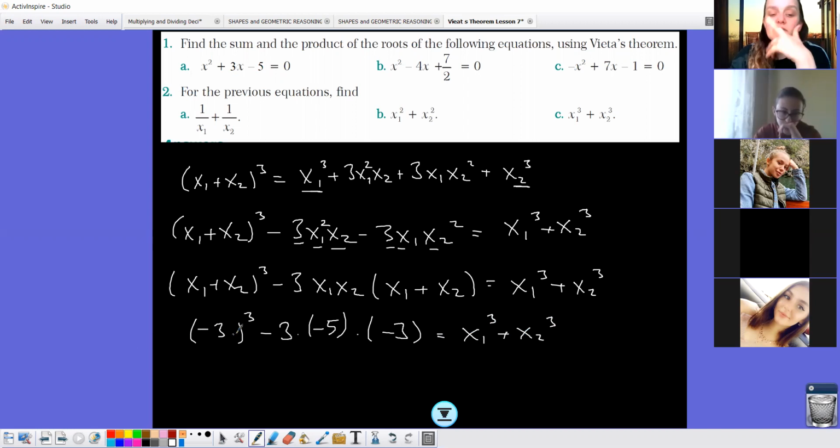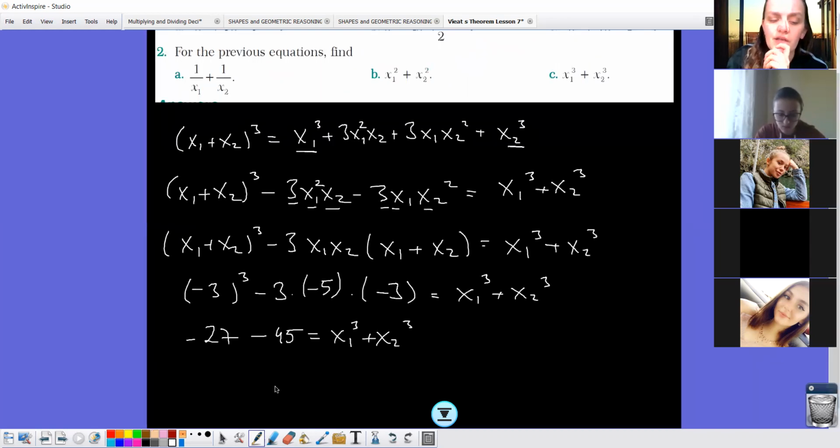So minus 3 cube will be minus again. 3 cube is 27. Here we have minus times minus, it will be plus. Plus times minus is minus. 3 times 5 is 15, times 3 is 45. Minus 45 is equal to x1 cube plus x2 cube.